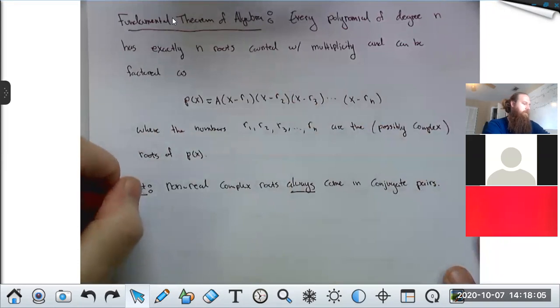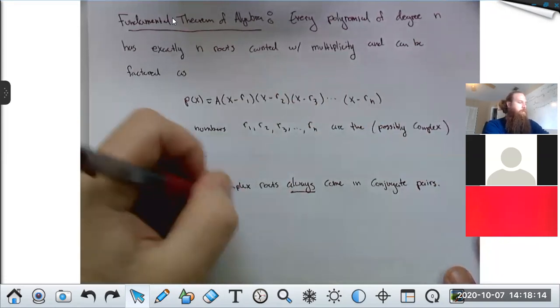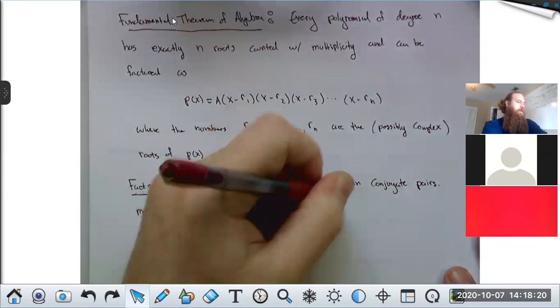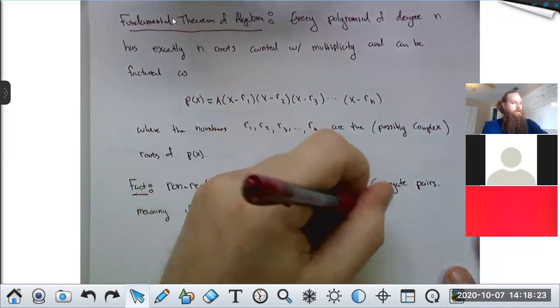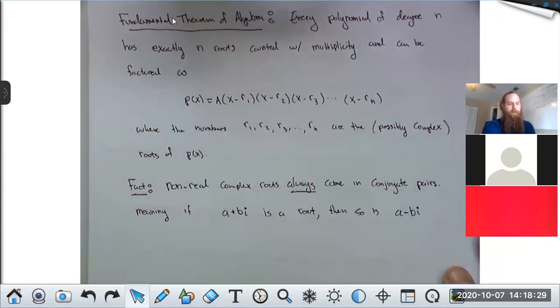This means if a plus bi is a root, then so is a minus bi. This is called the complex conjugate of this number. So if you know that you have a root like 1 plus 2i, then automatically you know that there's another root, 1 minus 2i, for that polynomial.